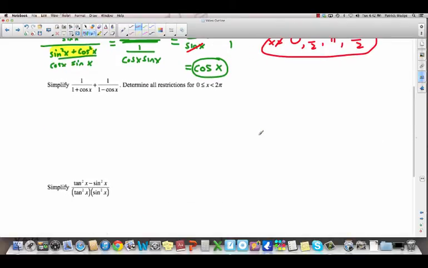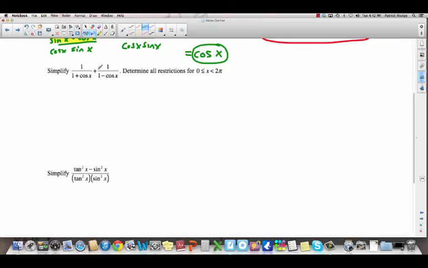Okay, next one. 1 over 1 plus cos x plus 1 over 1 minus cos x. And we're going to get restrictions again. Again, I would get a common denominator. It's a bit of a crazy common denominator, but what's the common denominator? It is 1 plus cos x times 1 minus cos x. What do you have to multiply 1 plus cos x by to get all that?